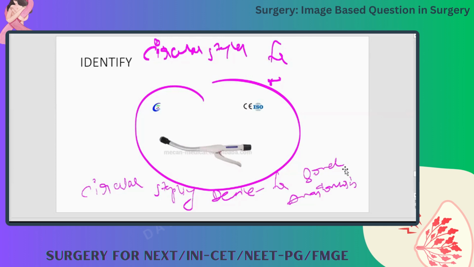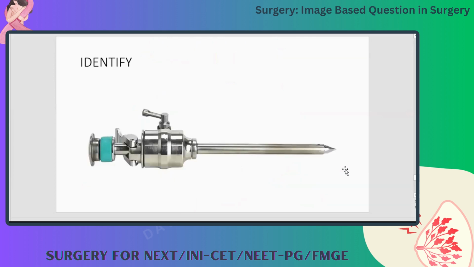So what is this? It's a trocar, known as Hasson's trocar. In which surgery is it used?